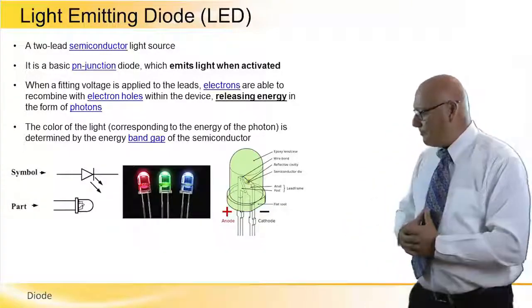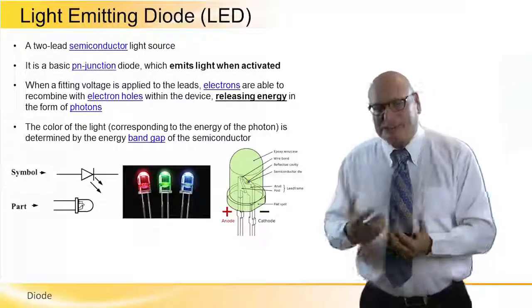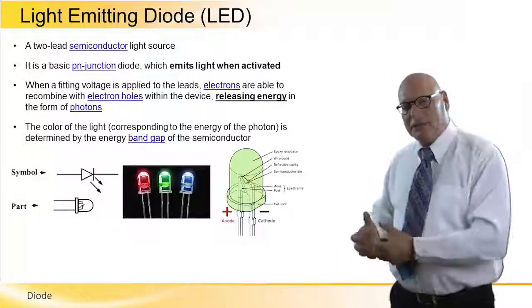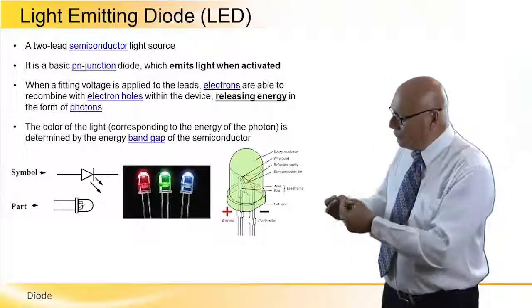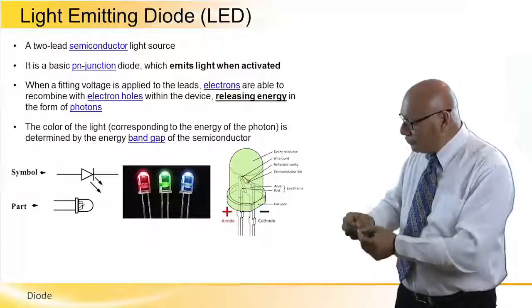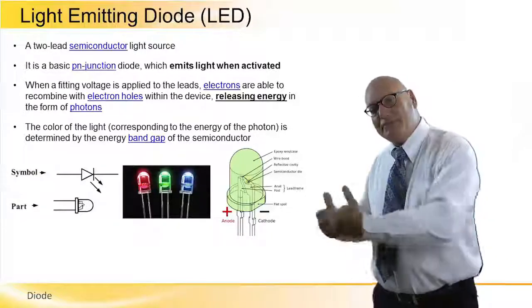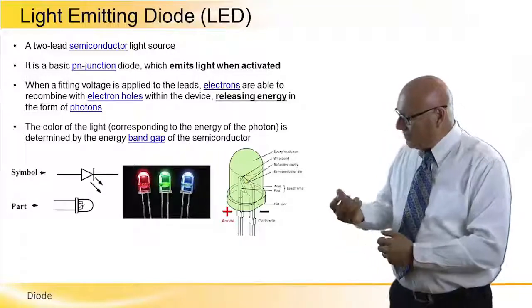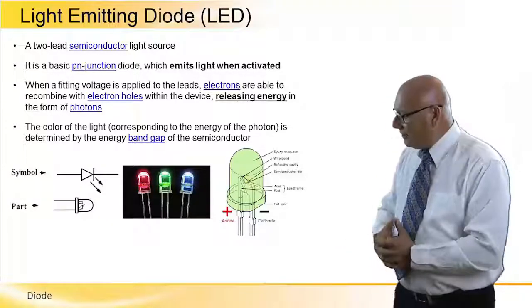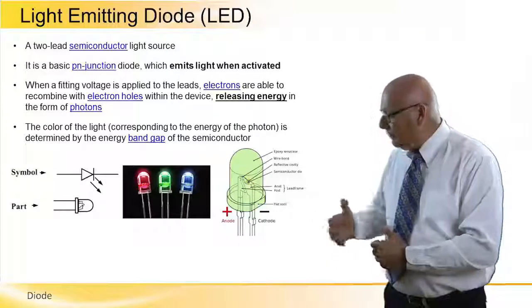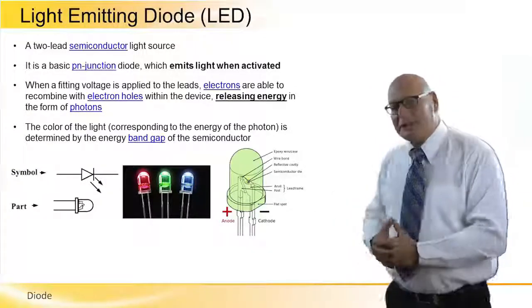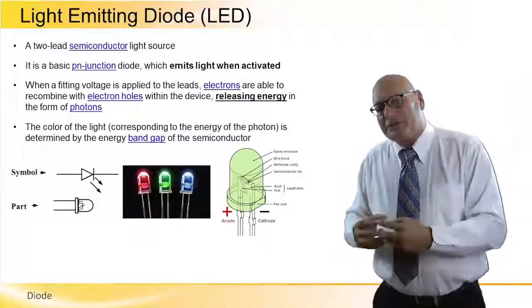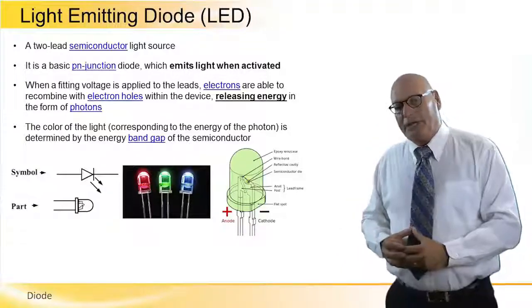Let's look at the bottom. First of all, on the left-hand side, we have the electronic symbol. You see symbolically a regular diode, but with two arrows, meaning that it emits light. The physical shape is presented in the middle, and on the right-hand side, it's basically the content and structure of the LED itself.